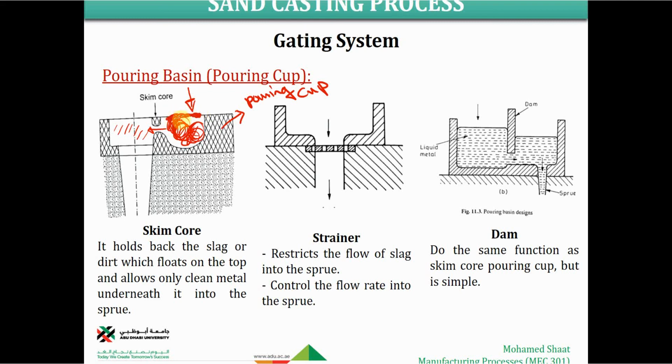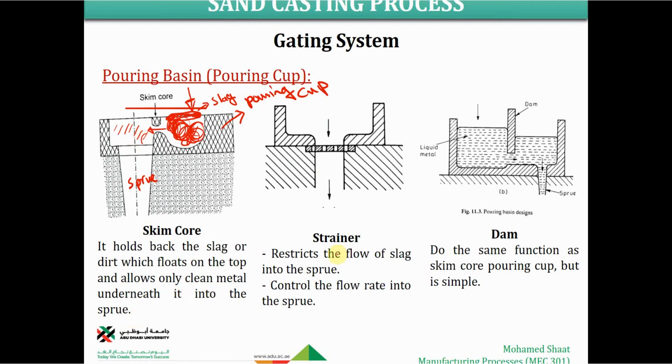What is on the top here is just slag, and the pure metal is located down here, which is going to easily flow to fill into the down sprue. So it's going to fill the sprue, moving to the mold cavity after that. This is the function of the skim core. It holds back the slag or dirt which floats on the top and allows only clean metal, or pure metal underneath it, into the down sprue. Make sense?